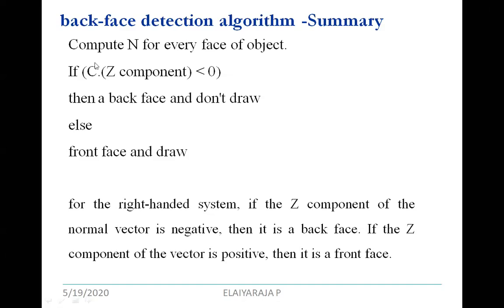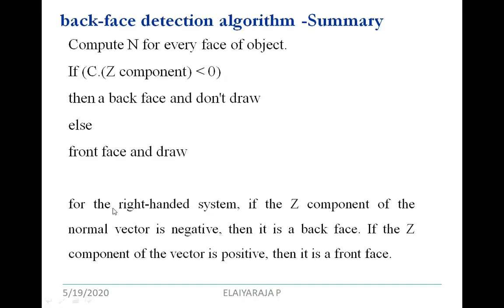So if the camera dot product of this particular z component is less than 0, then it is a back face, so don't draw. Else, front face, you have to draw. So what we are trying to do in the back face reduction algorithm is back face culling, which means we are removing the hidden part and drawing what will be viewed by the viewer.